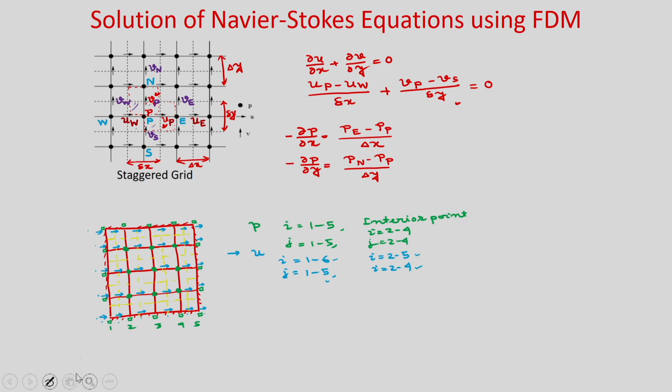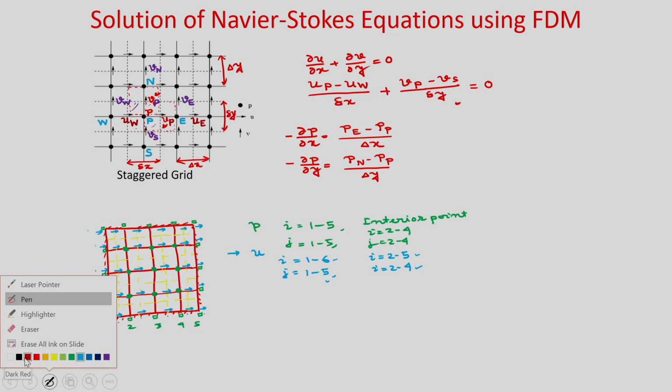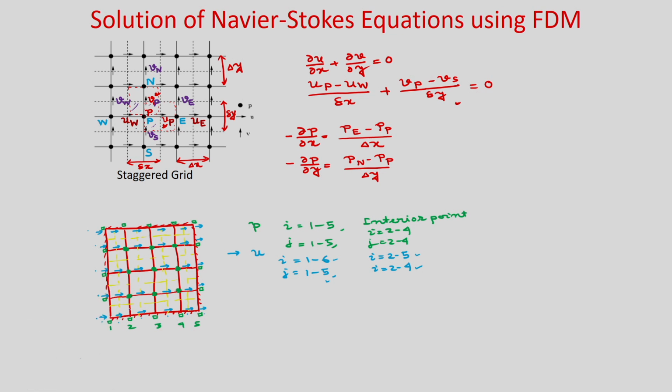Similarly, now if you see velocities v, you are solving v at the horizontal surface of any cell. So, this is the cell, this is the horizontal face, so here you are solving.